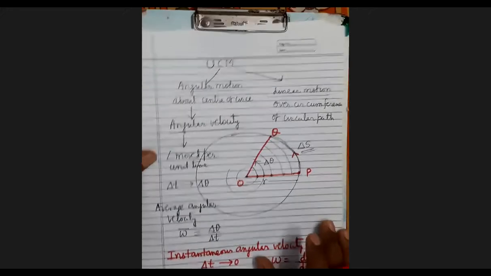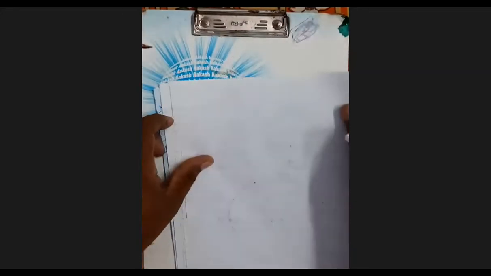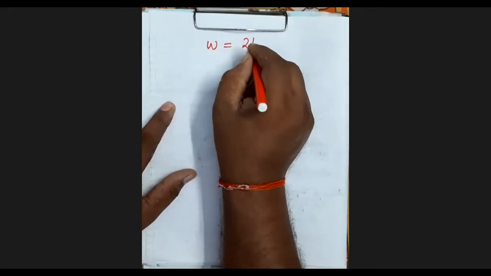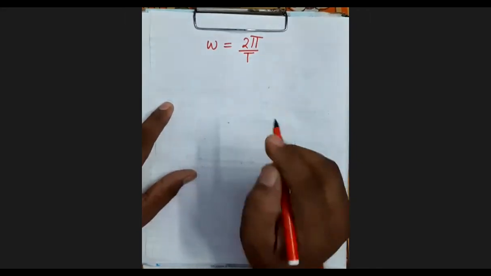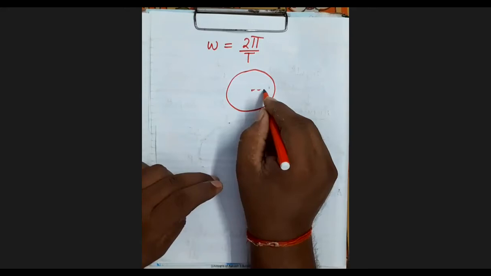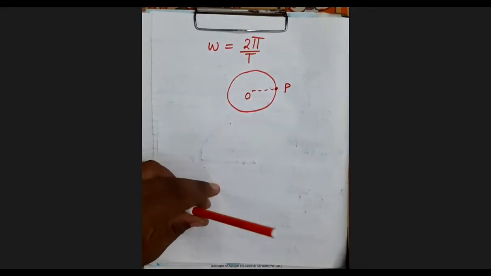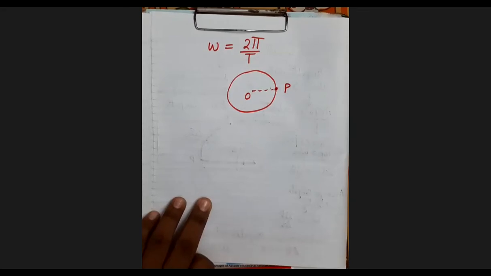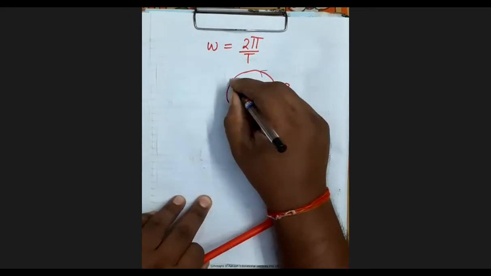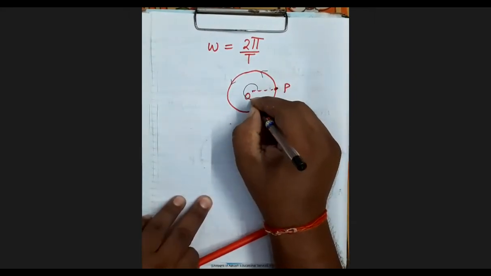Is it clear? Now I told one more relation yesterday, which is omega equals 2 pi upon capital T. As you know, when the particle completes one rotation over the circular path, means it starts traveling from point P, moves this way, and then once again reaches here, by how much angle does it rotate?